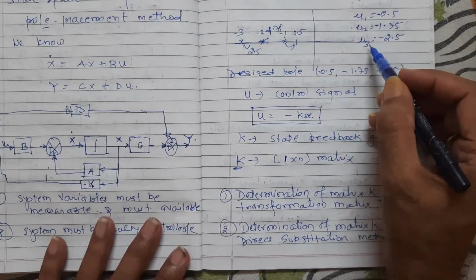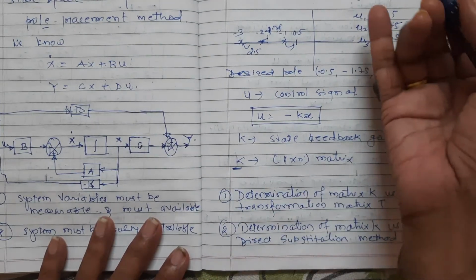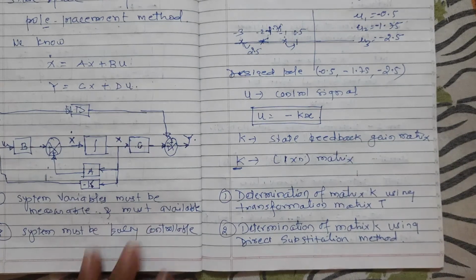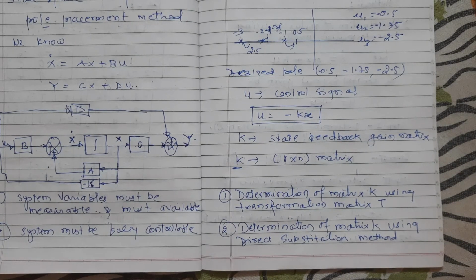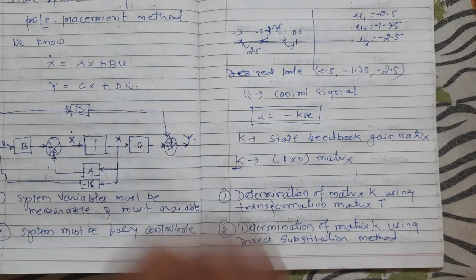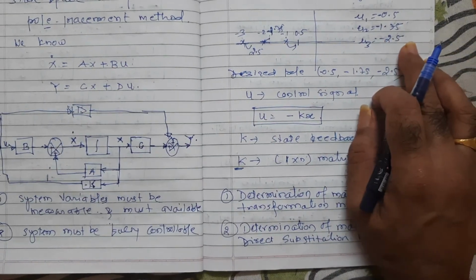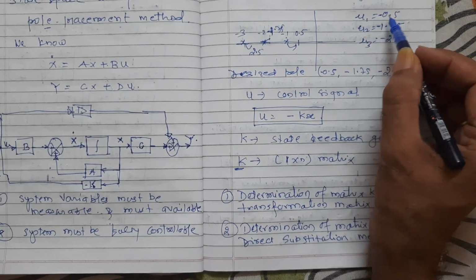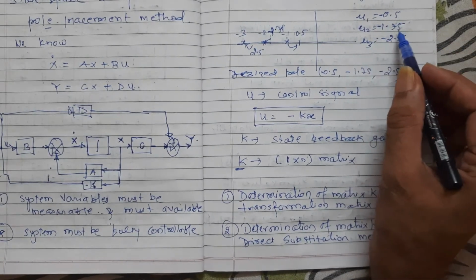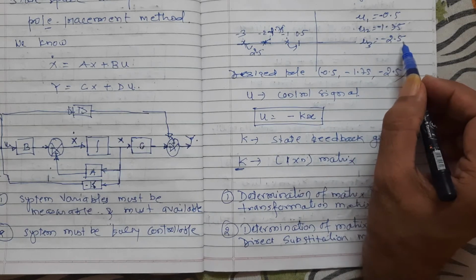These we can call eigenvalues, or we can call them closed loop poles, because eigenvalues are nothing but my characteristic equation values, so that is nothing but my poles. So eigenvalues or closed loop poles, both are the same. So mu1 is equal to minus 0.5, mu2 is equal to minus 1.75, and mu3 is equal to minus 2.5.